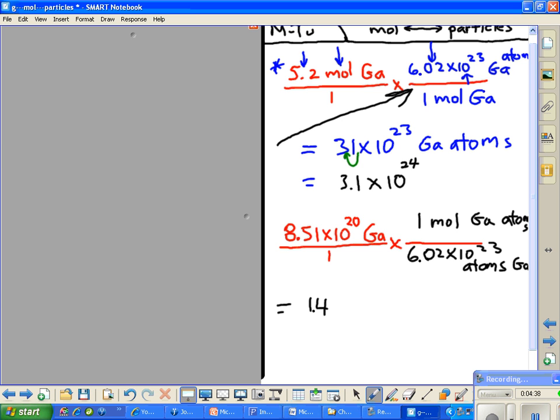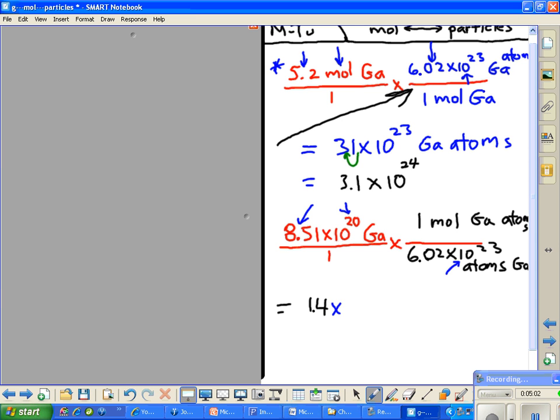All we want is the number of sig figs that we need. And if you look right here at the 8.5, that's 2 sig figs. So that determines how many sig figs we have in our answer. And this becomes 1.4 times, now we've got to divide that power of 10 by this power of 10.